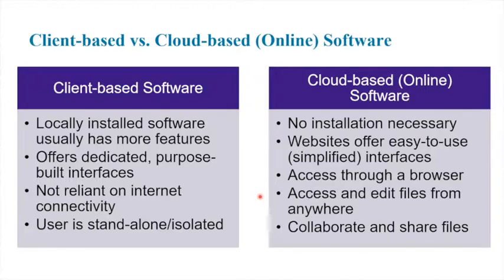However, if you were dependent on a client-based piece of software, you would have to go to a computer which had that particular piece of software installed on it. If you used cloud-based software, any computer with a browser can become a place for you to use that software. So, again, strengths and drawbacks to both types of software schemes.